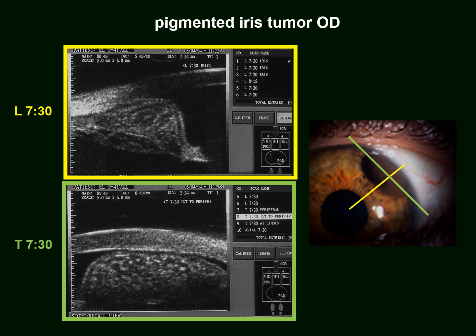We see it this way. But what tumor is that? The UBM B-scan shows a lot of structures in there, but there is no way to differentiate this tumor, which was a malignant melanoma, from a nevus or other tumor of the iris.